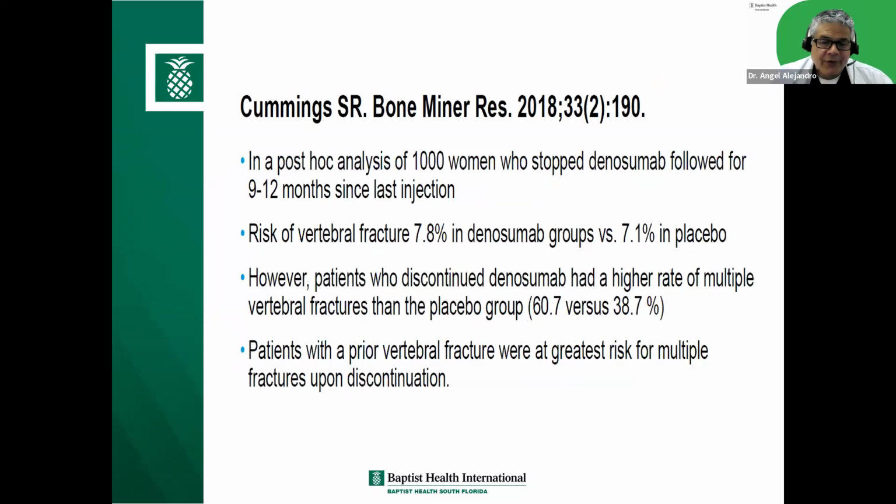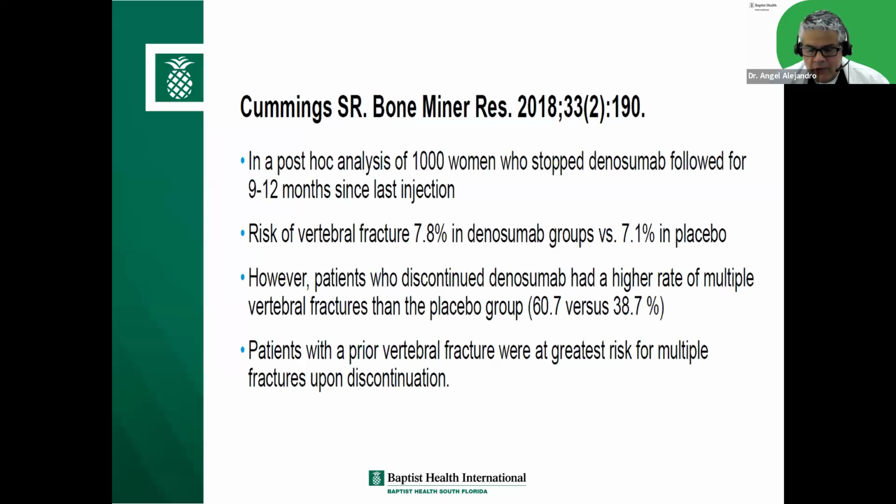The thing with Prolia, there's always a catch, is that you can't just give 2 doses and stop. This was a very important study published by Cummings in 2018, where he found that if you stop the Prolia or the denosumab and you don't replace it with something else, these patients actually had a very high risk of vertebral fracture within the first 3 months of discontinuation.